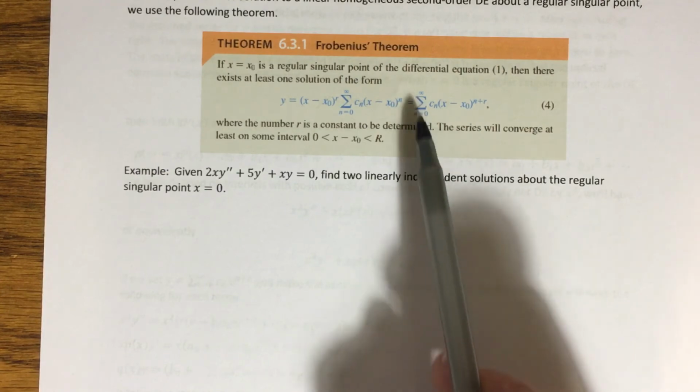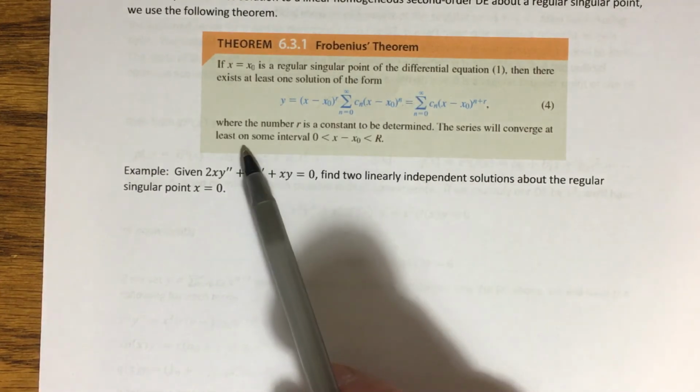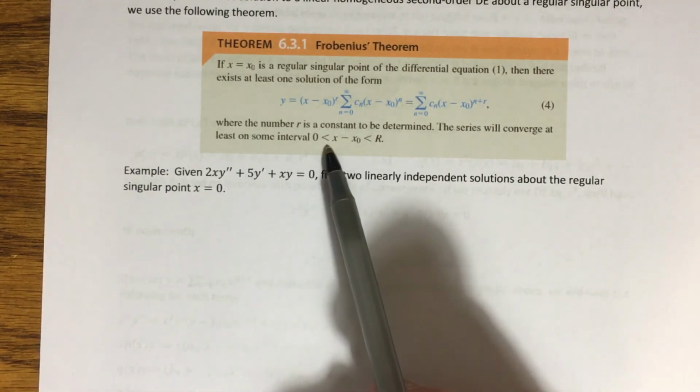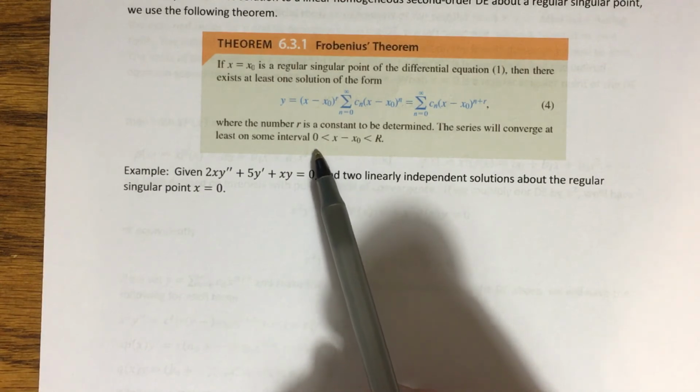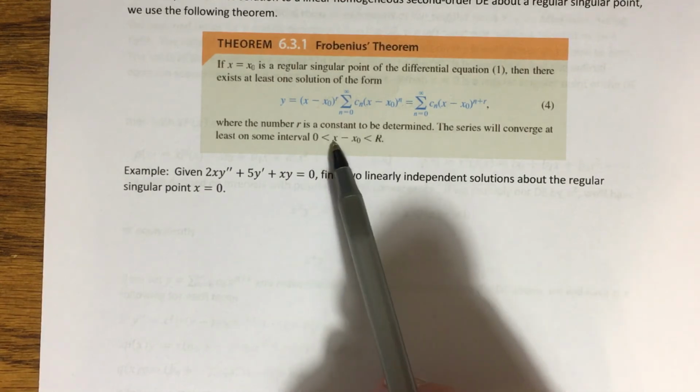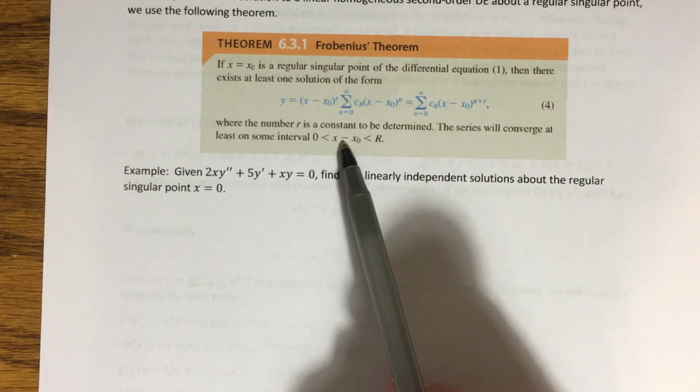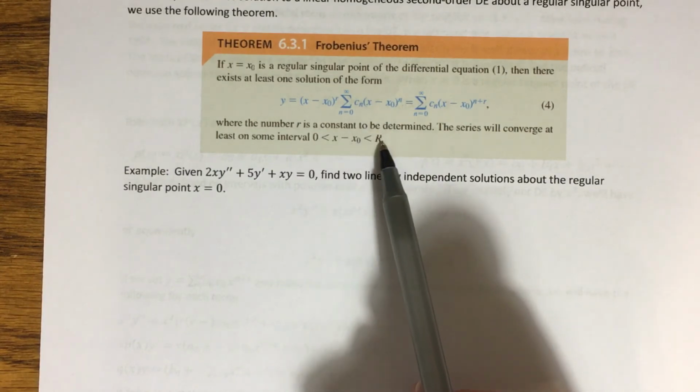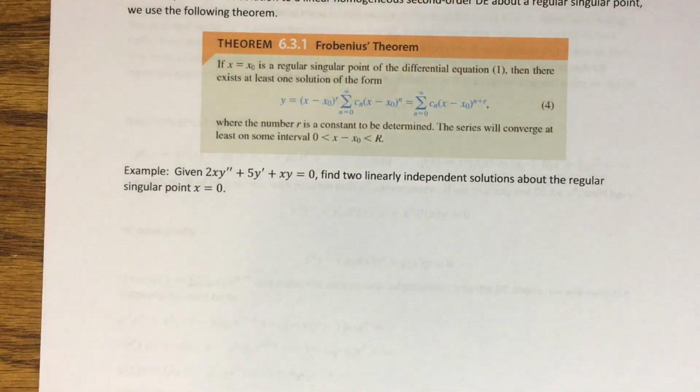And then the theorem guarantees that the series will converge at least on some interval bounded by x minus x naught being between 0 and capital R. And remember that capital R we talked about in the previous section, it's that minimum radius of convergence.